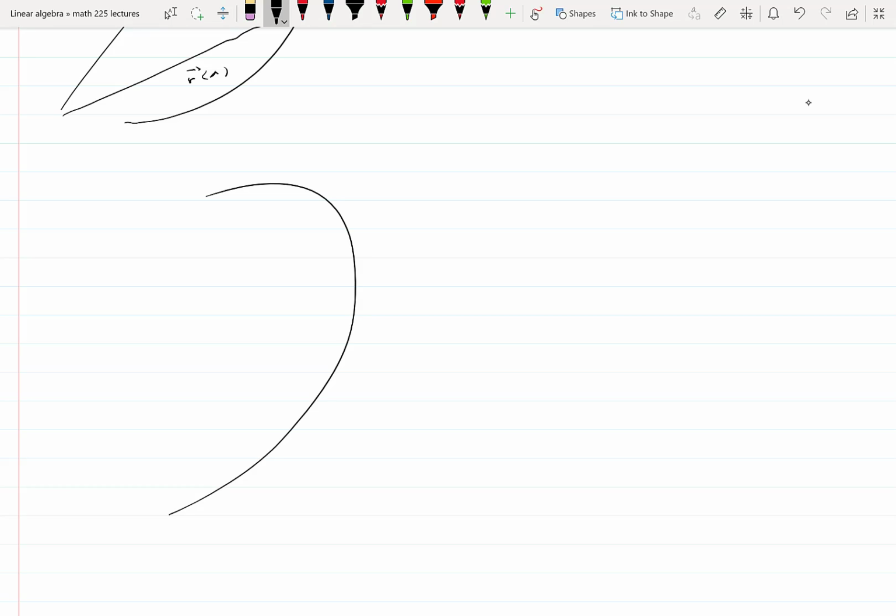So here's the curve at t equals a, and here's the curve at t equals b. The idea is to imagine slicing up the curve into an infinite number of little arc lengths, an infinite number of small changes in the arc of the curve.